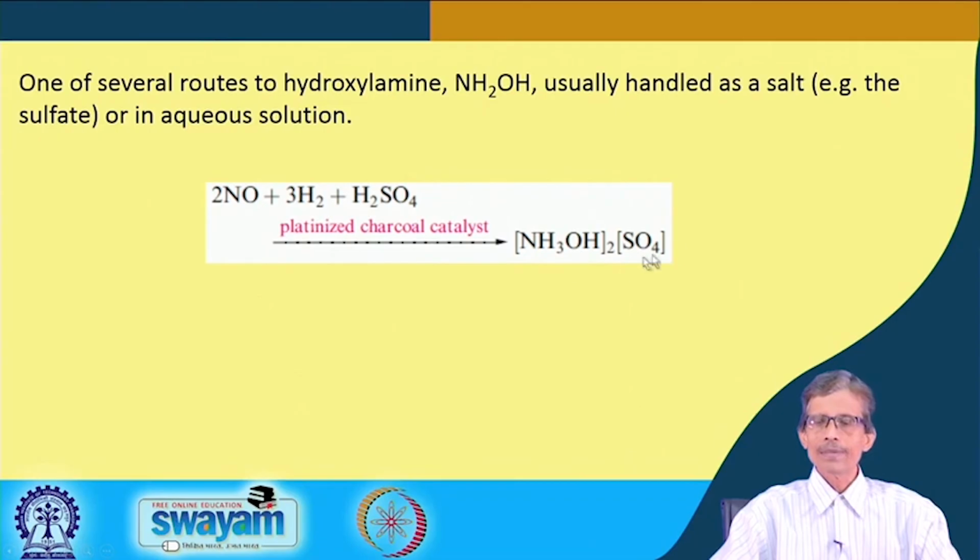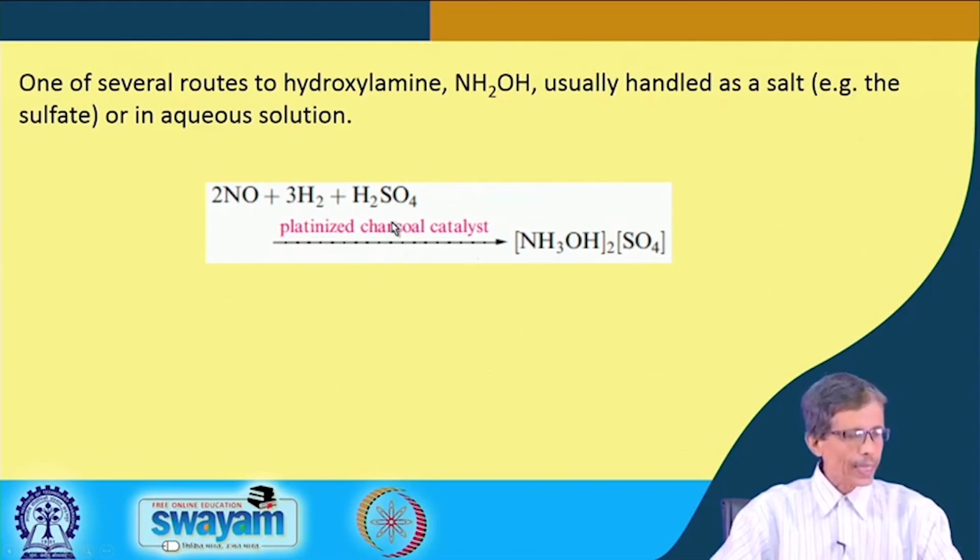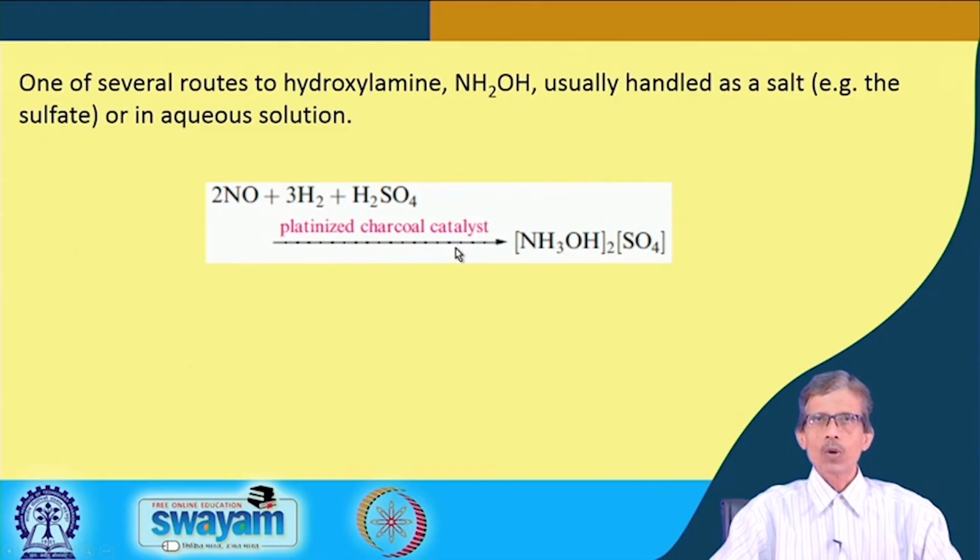This reaction scheme tells us that platinum will be a useful catalyst, but we take it as a platinized charcoal catalyst. What is that? You have a base, that means charcoal powder or charcoal dust, so you have a carbon surface.